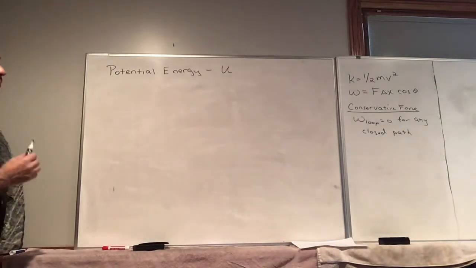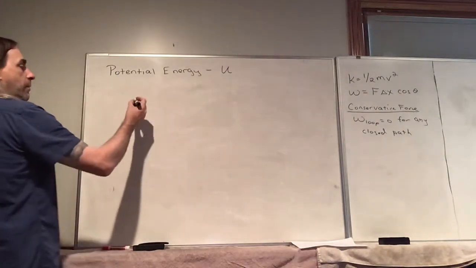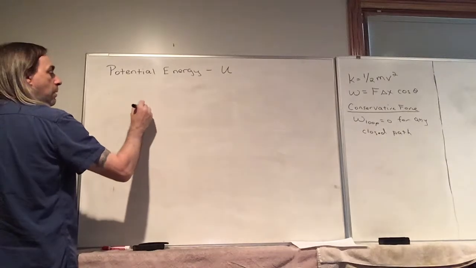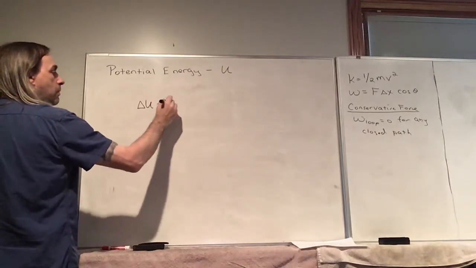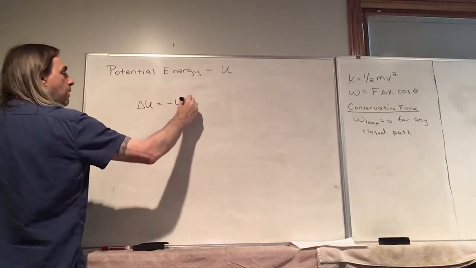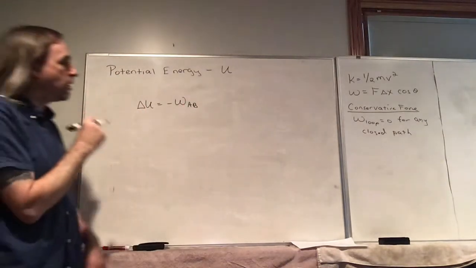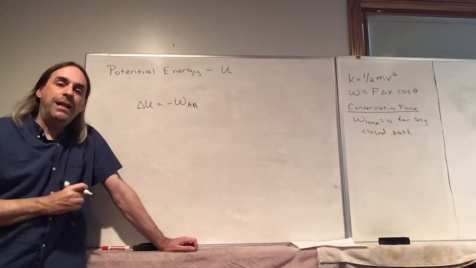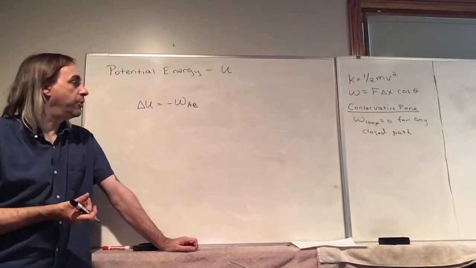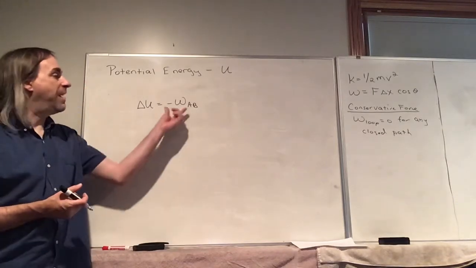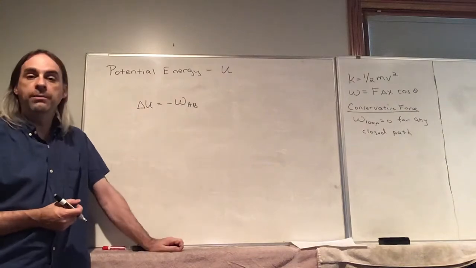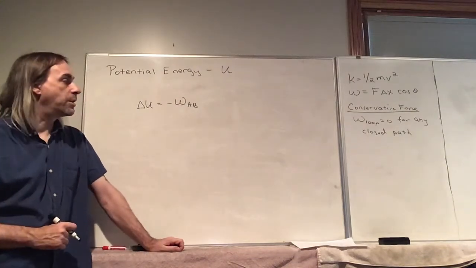So the way we define potential energy, I'm going to write it down first. Really, what we're defining is a change in potential energy, which is related to the work done by that conservative force.